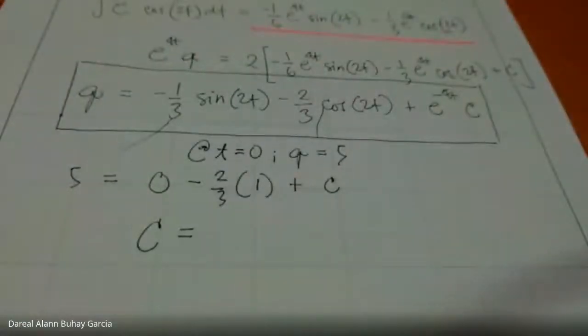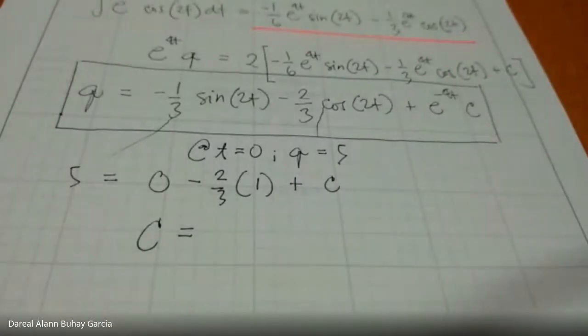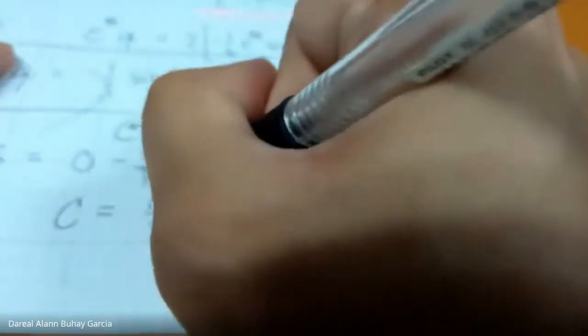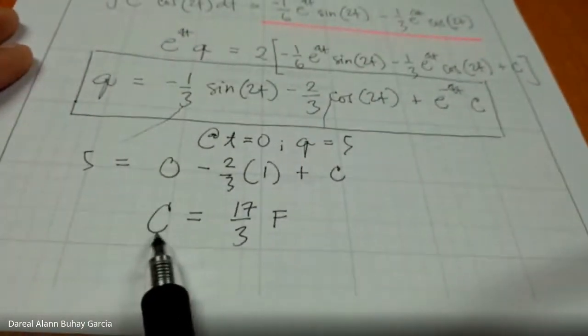Therefore, C is equal to 5 plus 2/3, 17/3. It's not capacitance. 17/3.